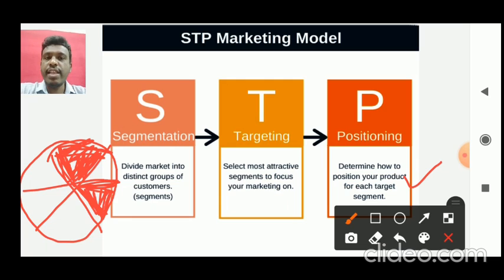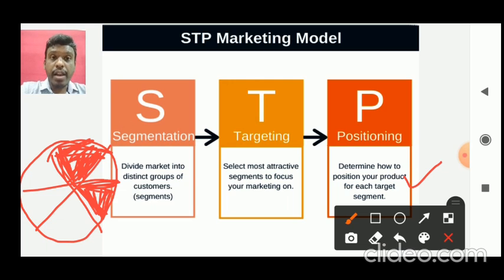When you have selected these two markets, that means you are targeting these two segments. Now you have to position your product such that you tell them how your product is beneficial for them, or how it will satisfy their needs. That is nothing but positioning.